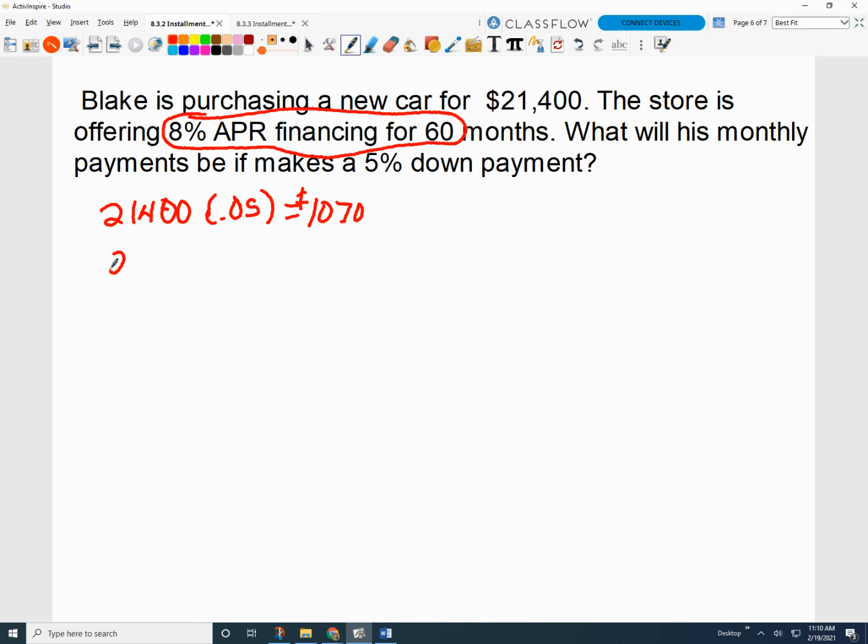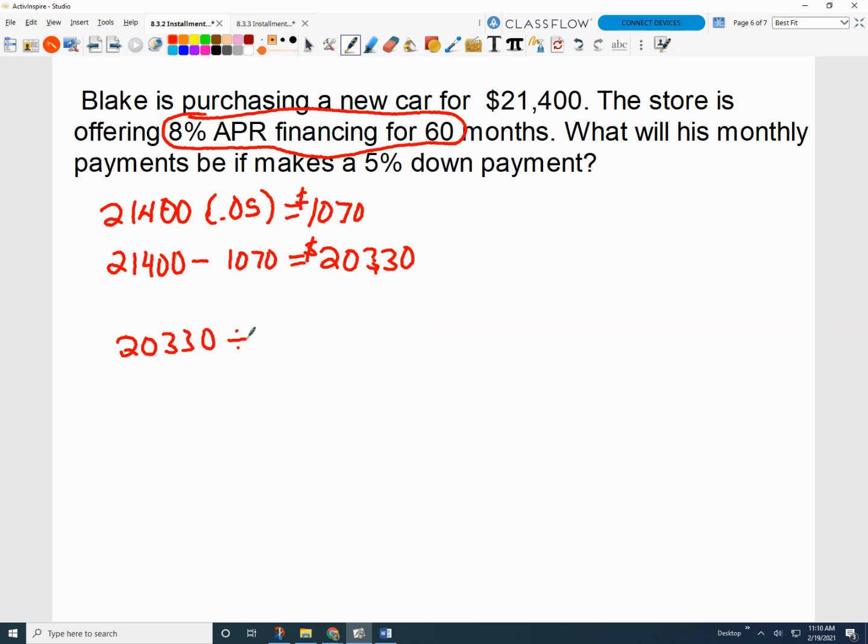So he's actually financing the full cash price of the car minus that $1,070. He's only going to finance $20,330. All right, so now we're going to calculate his actual monthly payment. You take the amount that's being financed, $20,330.